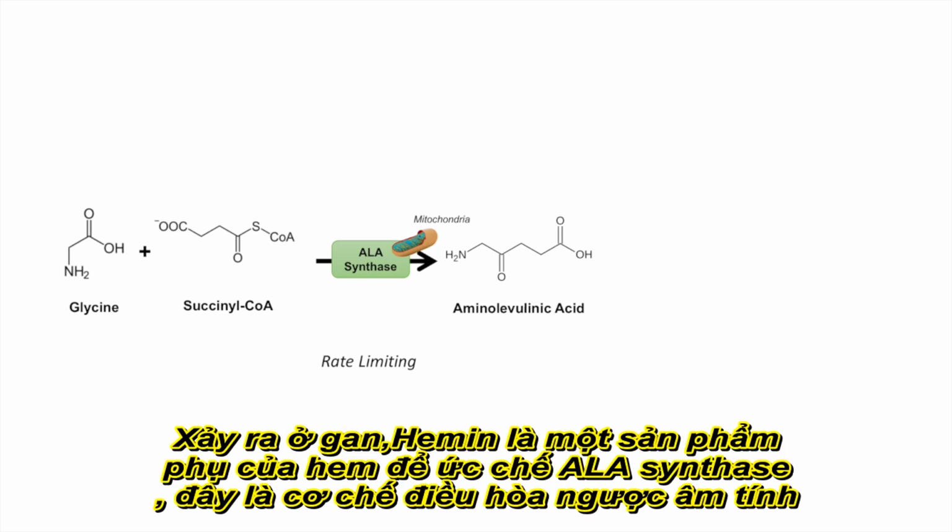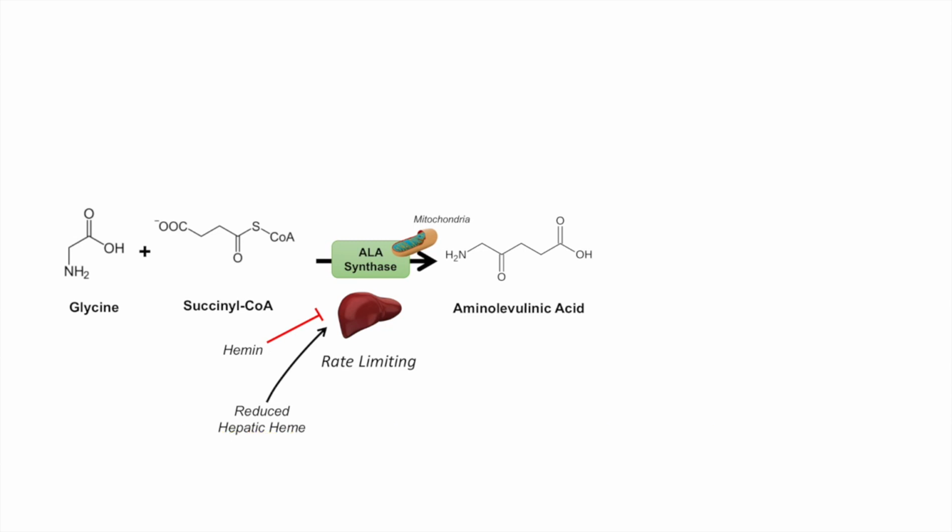Now, within the hepatic system, hemin, which is a byproduct of heme, negatively inhibits ALA synthase, while reduced hepatic heme upregulates ALA synthase. You can have reduced hepatic heme if you overutilize the cytochrome P450 system by, say, ingesting too much of some drug or some toxic compound.